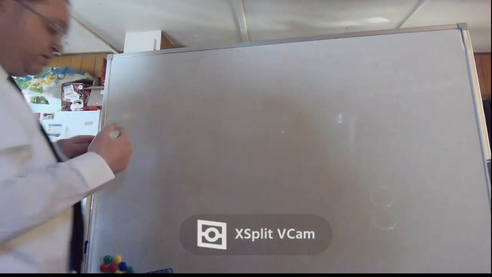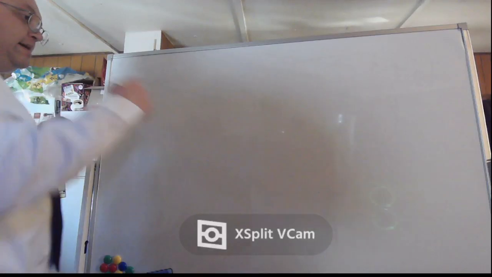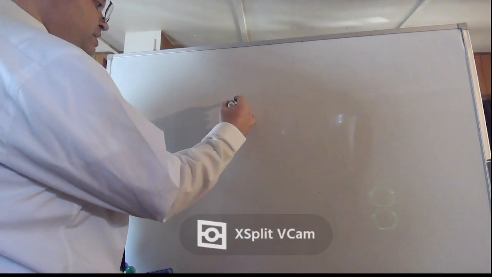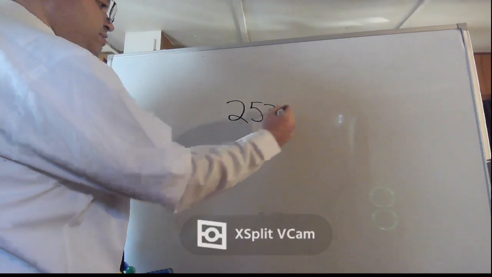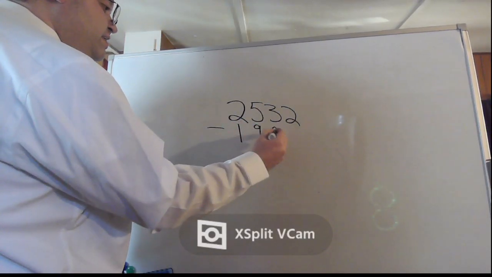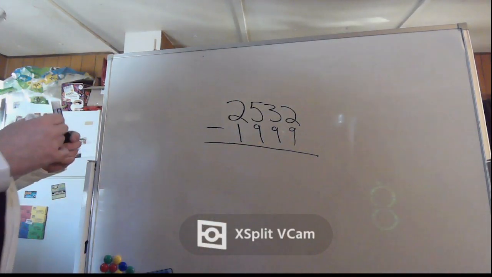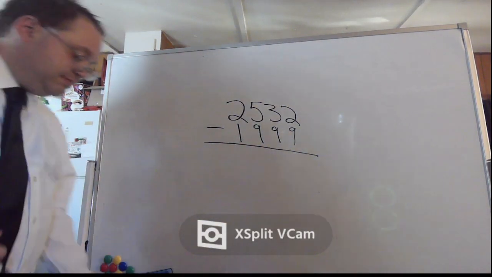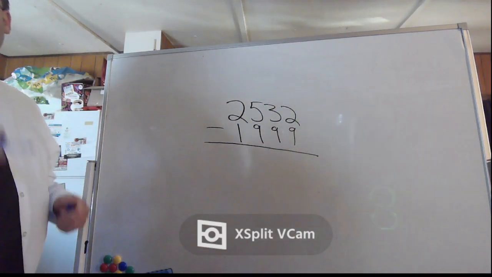All right, I said that we'd only have to do a few more, but how about 2,532 minus 1,999. Let's do that. Because sometimes the harder subtraction problems also will occur that are not zeros.